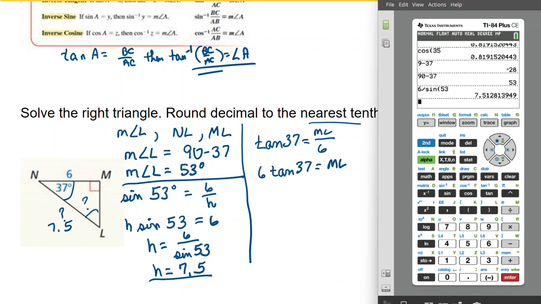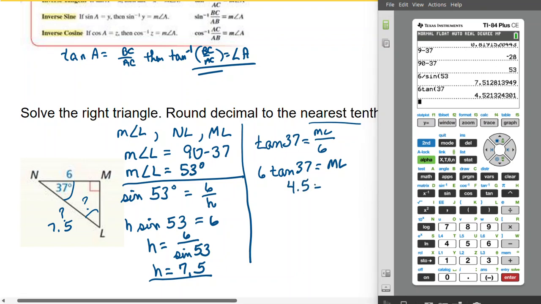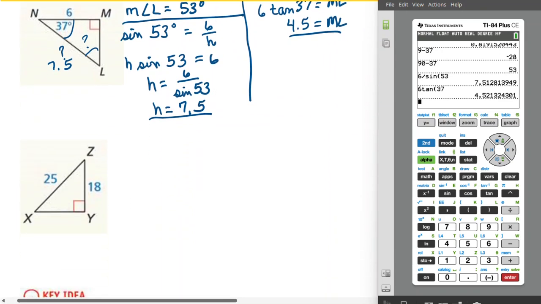I'm going to put it in. I get 4.5. So now I have all three conditions and I've solved the right triangle.